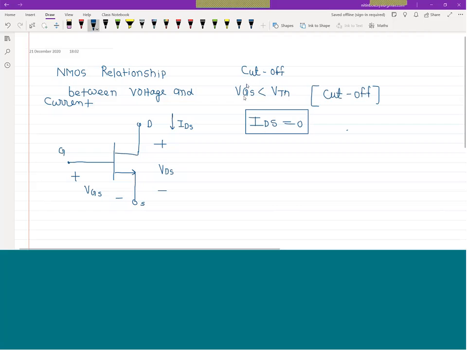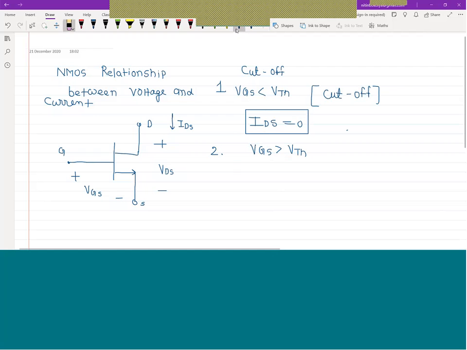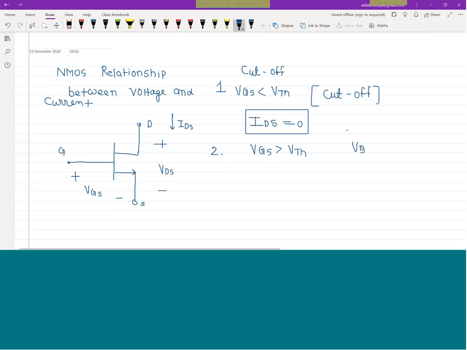Then the next operation. This is first. Second, we have VGS greater than or equal to VTH and VDS less than or equal to VGS minus VTH.